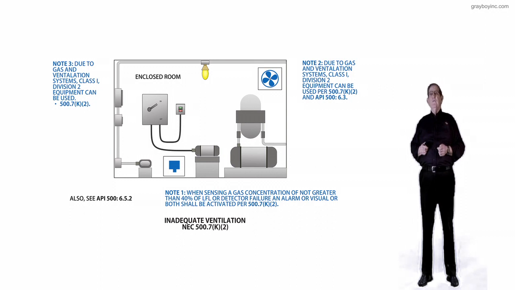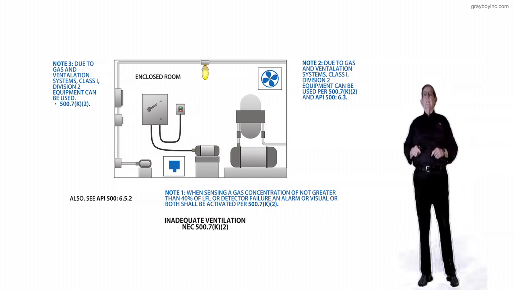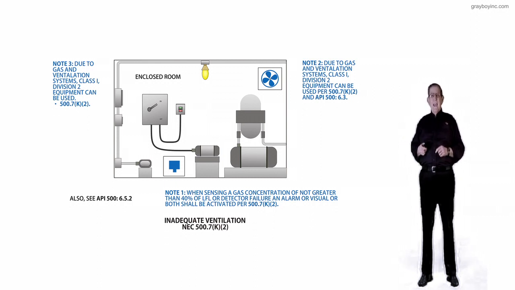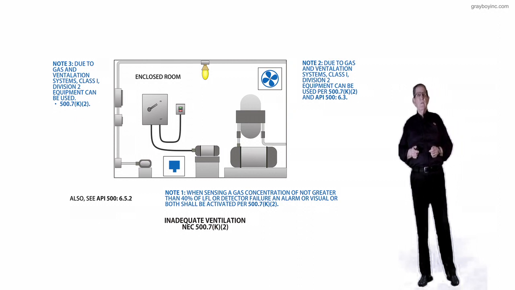Now, moving to note 2 on the right-hand side, top of the illustration, it states that due to gas detection and ventilation systems, using both, Class 1 Division 2 equipment can be used if you follow these rules of 500.7(K)(2) and API 500 6.3, the requirements listed there.